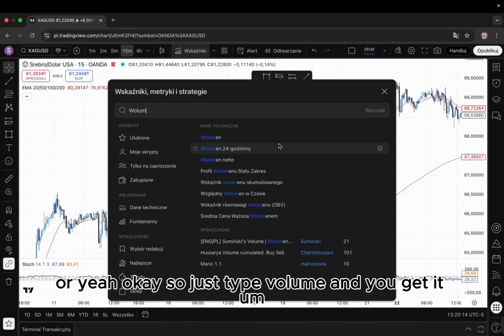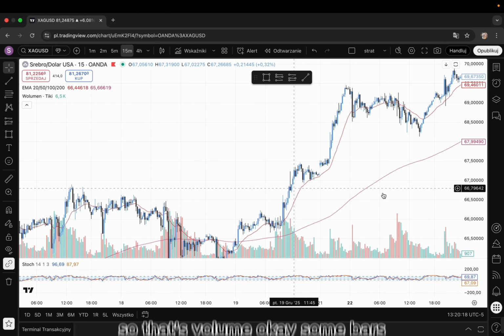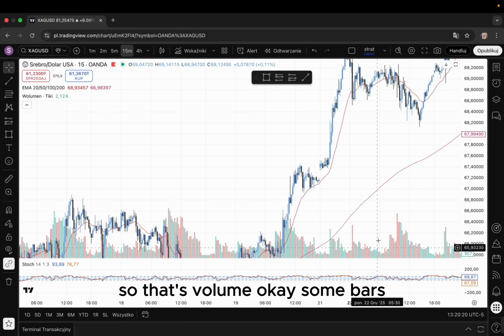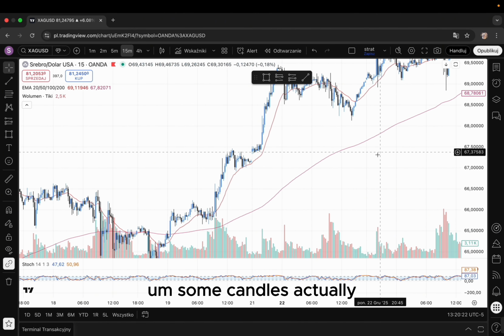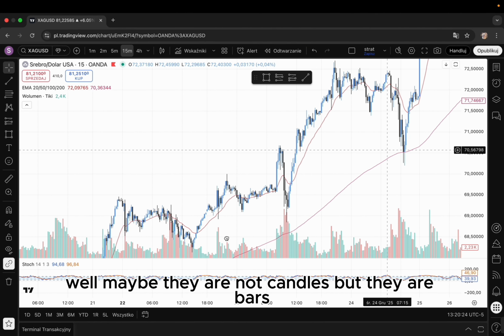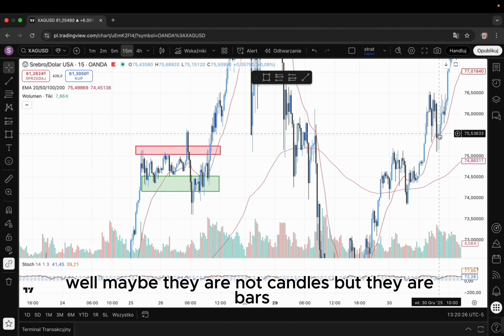Just type volume and you get it. So that's volume, okay? Some bars, well, maybe not candles, but bars.